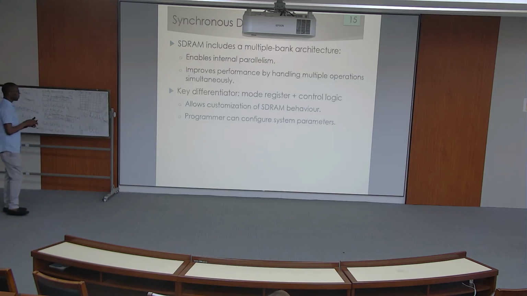Next, we have the DRAM, which includes a multi-bank architecture, as I said, which enables internal parallelism. As you still remember, if we have the data arranged into multiple banks, we talked about this, the central processing unit can fetch from multiple banks at the same time.